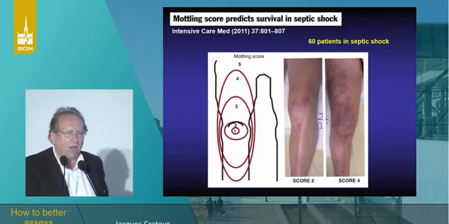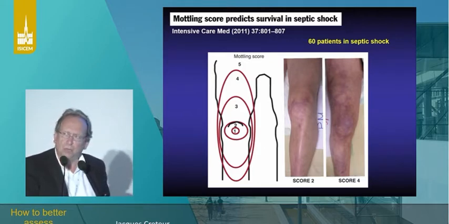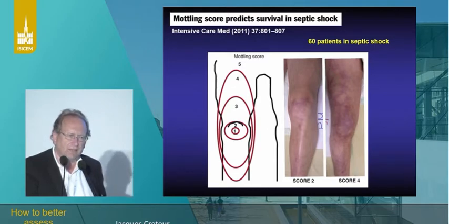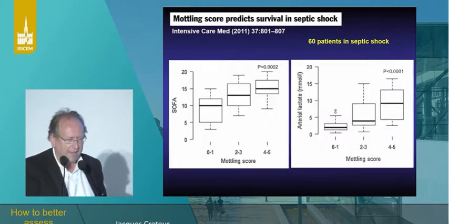There are a lot of techniques to assess peripheral perfusion, and to summarize, all those techniques have shown that alteration of peripheral perfusion is associated with a worse outcome, and the degree of alteration is well correlated to the degree of the circulatory shock. You can use, for example, the mottling score here, and this is easy to use.